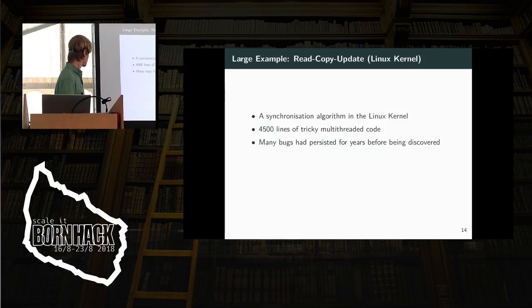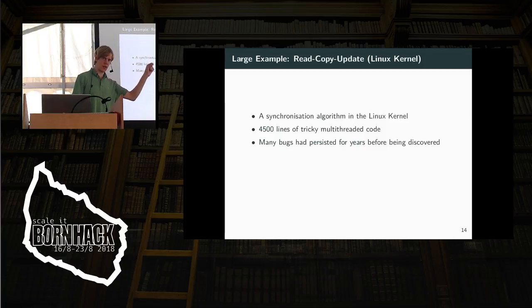Okay, so I promised you a larger example. There is this synchronization algorithm in the Linux kernel called read copy update, which lets you do atomic updates on arbitrarily large data structures by doing a pointer exchange, and then it has some mechanism to make sure that you are not freeing this old copy of the data structure until all readers have disappeared.